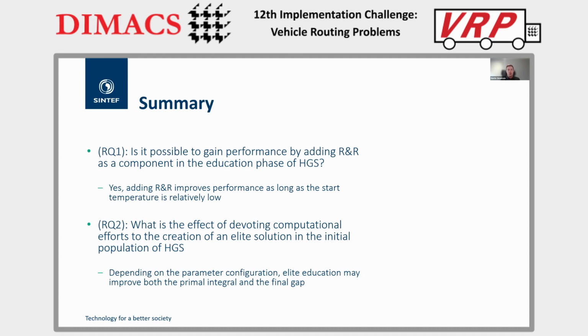And the second question was, what is the effect of devoting effort towards elite education before you start the HGS? And from the second experiment, we saw that depending on the parameter configuration, the elite education may improve both the primal integral and the final gap.